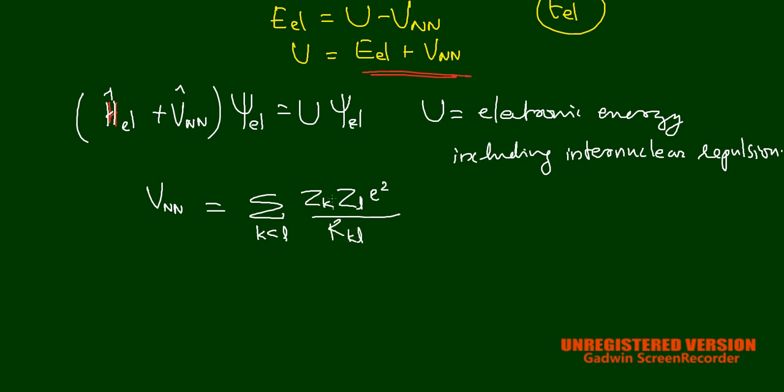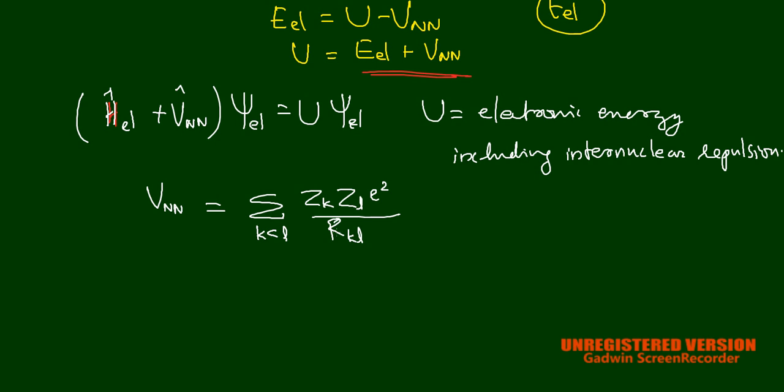Here Zk is the atomic number of the kth nucleus, ZL is the atomic number of the lth nucleus, e is the elementary charge of the electron or proton, and capital RKL is the distance between the nucleus K and the nucleus L, right? So this is the internuclear repulsive potential energy.